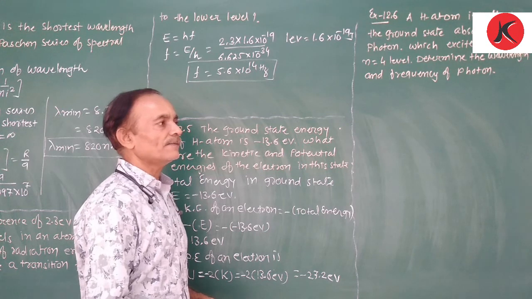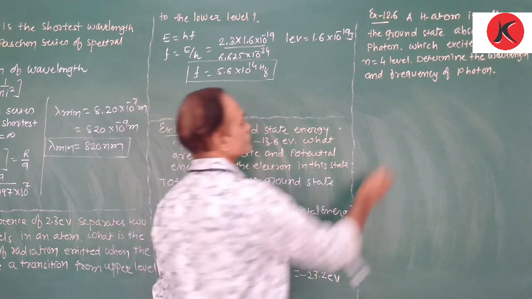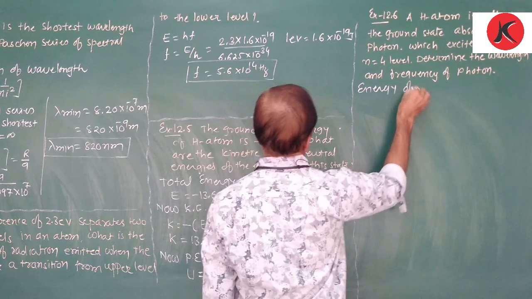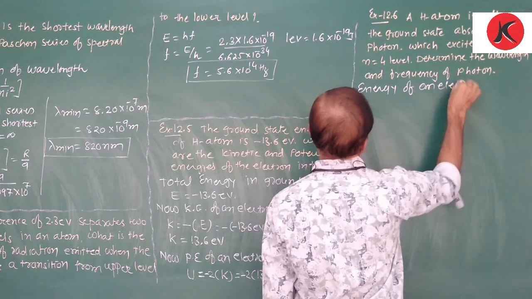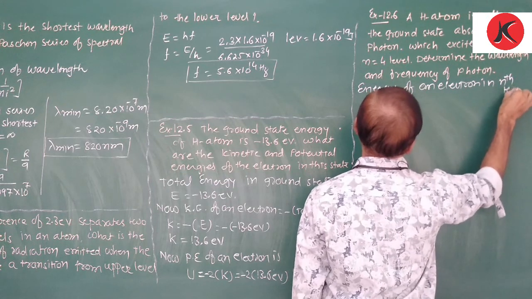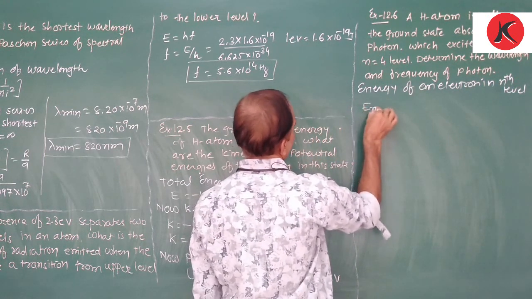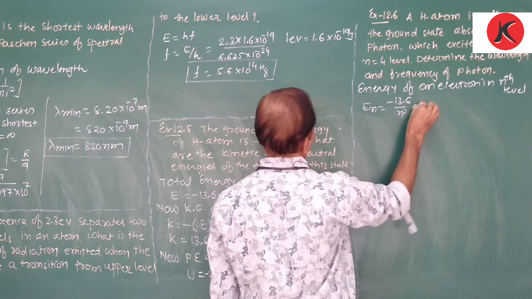Therefore, the energy of an electron in the nth level is En equal to minus 13.6 upon n square electron volt.